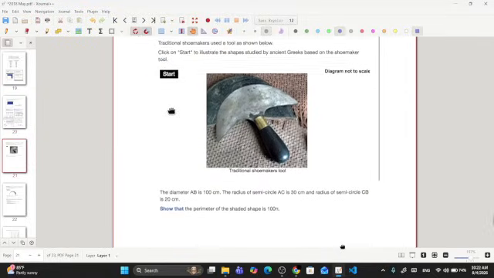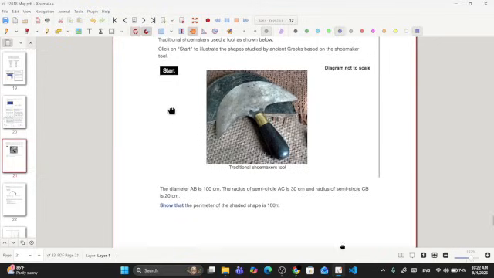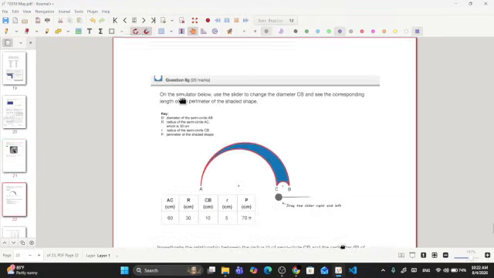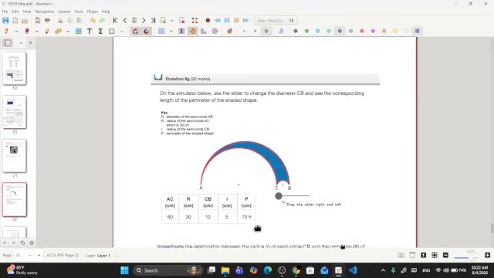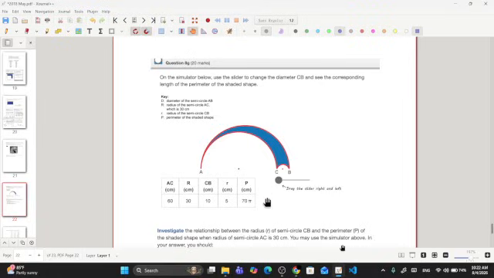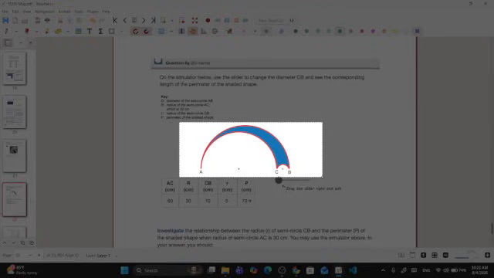Okay. The diameter AB, wait a second, I think they might have. This is an example of a simulator. Let me just move this upwards.